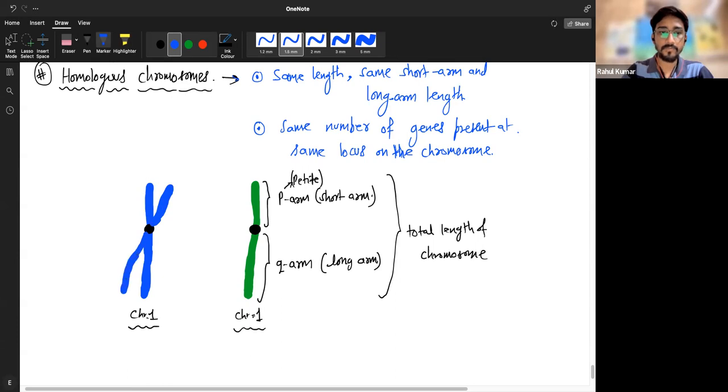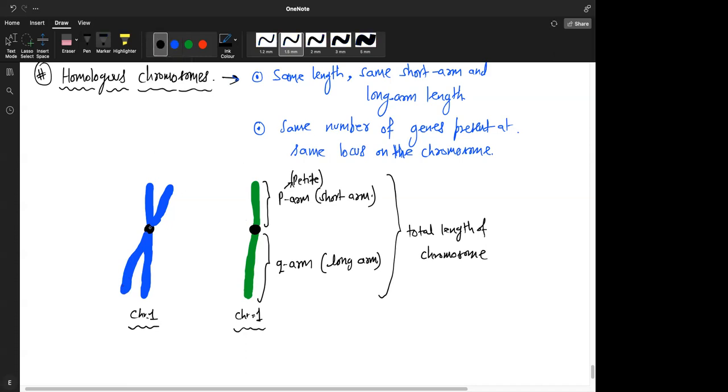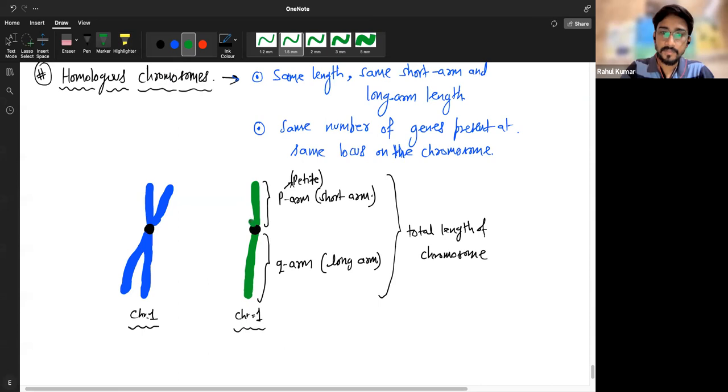So it is just the copy of this arm. Do you understand? Just before cell division, this also makes a copy. So both the arms get copied.